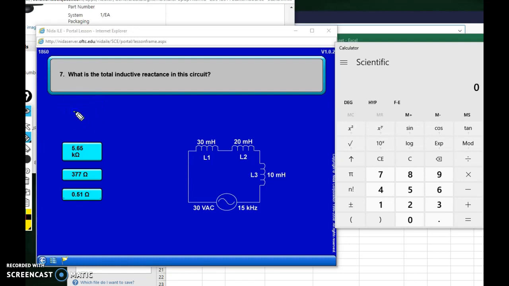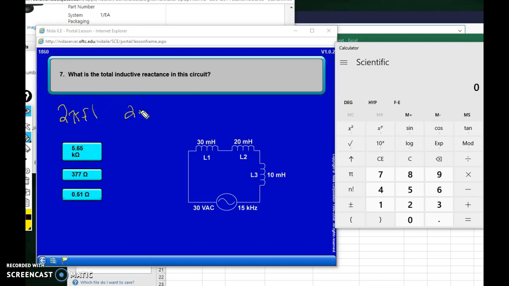So 2, and again, forgive me, but this little pen, once I get used to it, will be great. I've just got a learning curve. Wow, that's pretty large, so we probably need to change our dot size. Let's try this one more time. 2 pi FL.